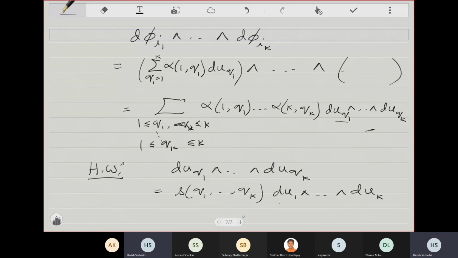So plugging this back, if you plug it back here, you just get the determinant.